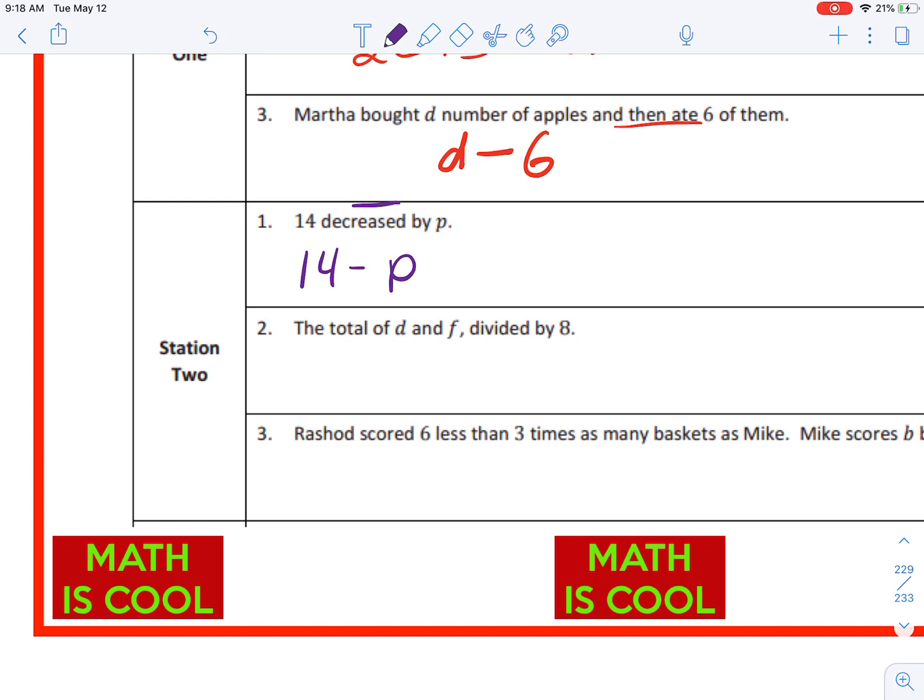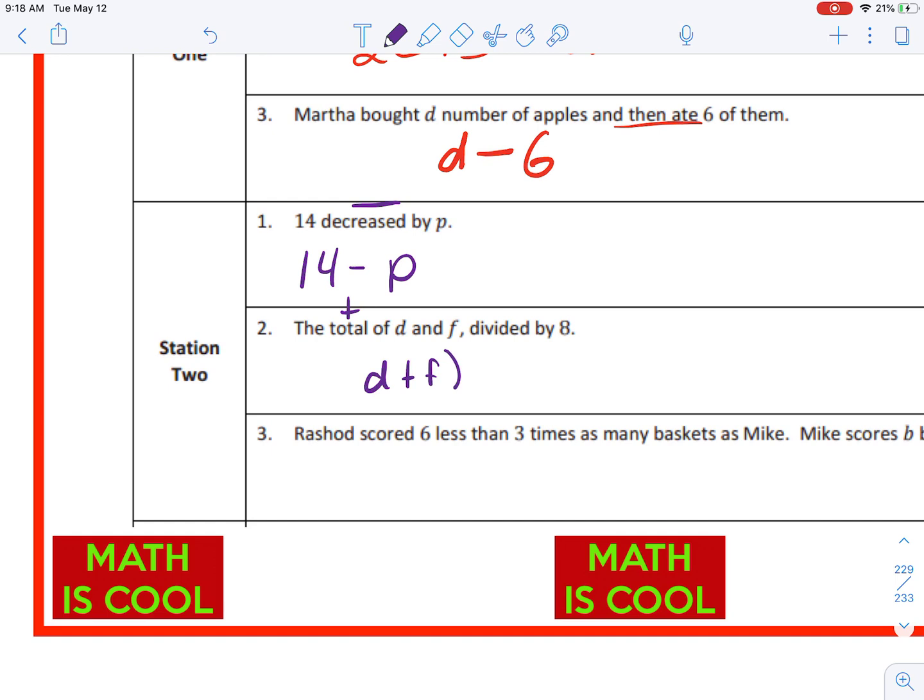Number 2 tells us the total of D and F divided by 8. Okay, so when we hear the word total, the total of D and F, that means to add. So that means addition. So we're going to find the total of D and F first.